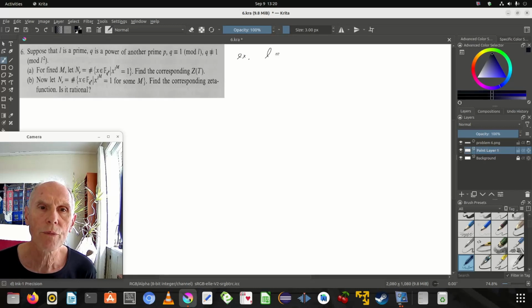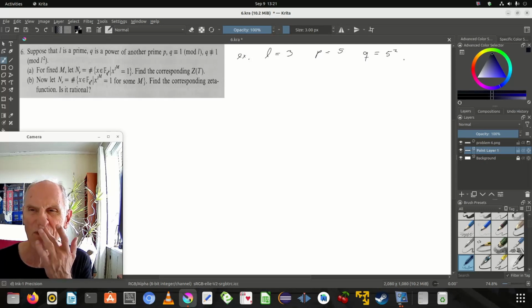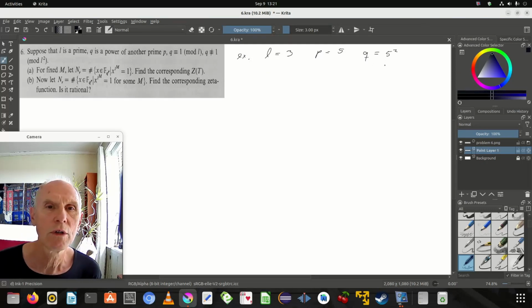Example: L equals 3, P equals 5, and Q equals 5 squared, which is 24 plus 1, and 9 fails to divide 24, so the prerequisites are fulfilled.